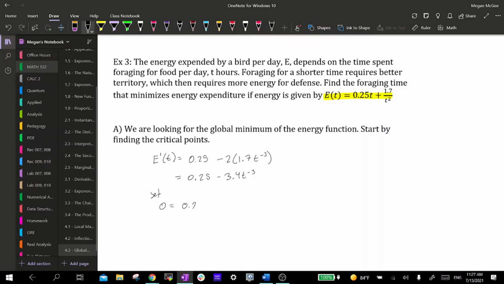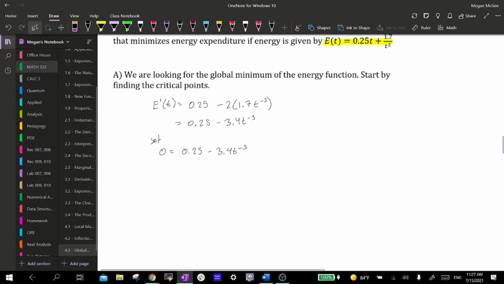So we have 0.25 minus 3.4 t to the negative 3. Then we'll go ahead and move this over here, so we get negative 0.25 is equal to negative 3.4. I'm going to go ahead and move this t down to the bottom. All right. I'm going to divide both sides by this negative 3.4. So on the left-hand side, we'll get positive 0.074 is equal to 1 over t cubed.